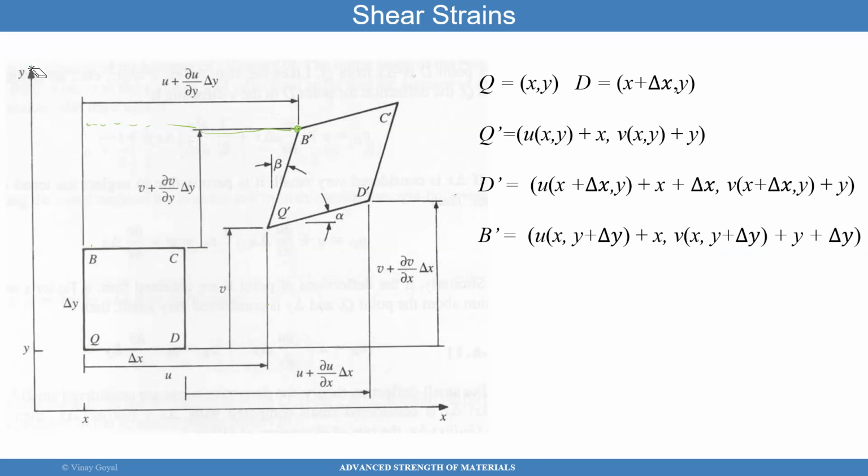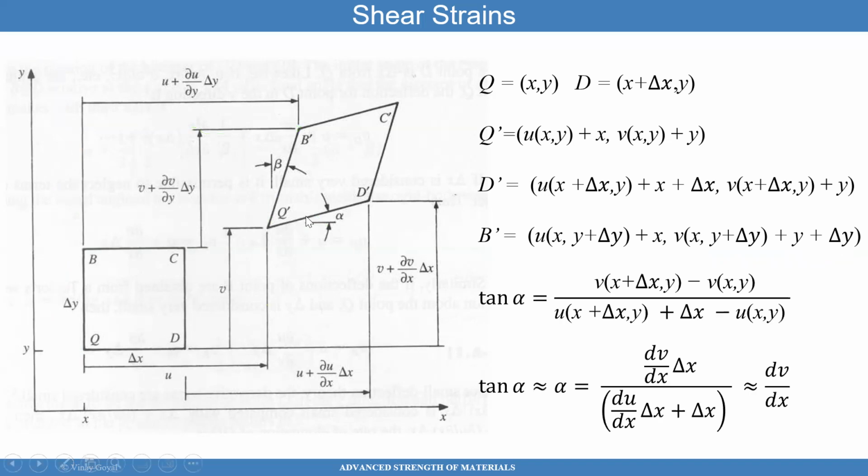When a body of material distorts, what is actually useful to figure out is what these angles are, because that's what tells me how much things are distorting. So what I'll do is calculate the tangent of alpha. Tangent of alpha is this height divided by this length.